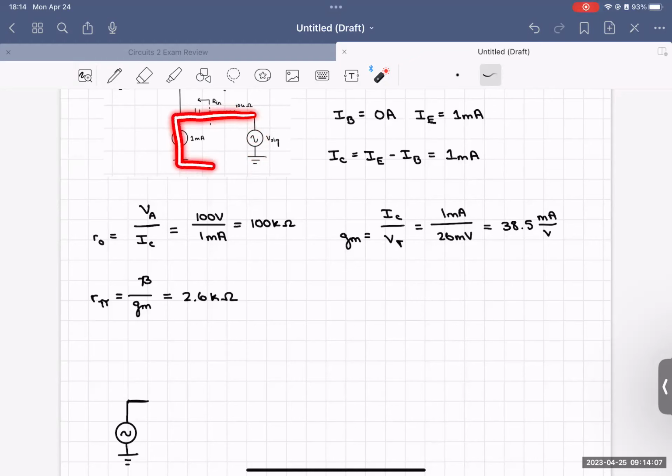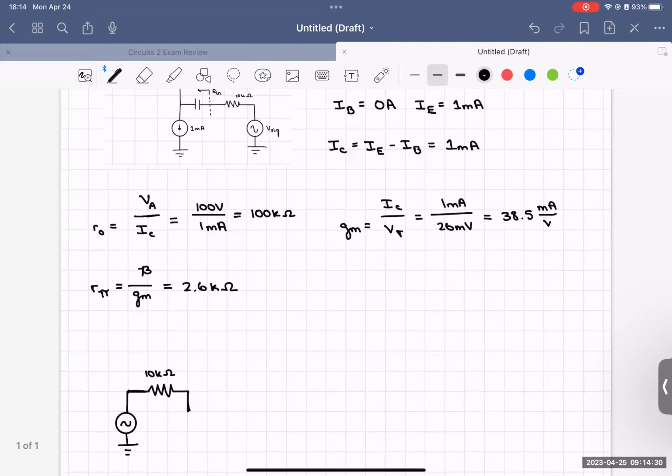So we go up to our 10K. So we have a 10 kilo ohm resistor here. And then we can branch down. We're still on the emitter side.